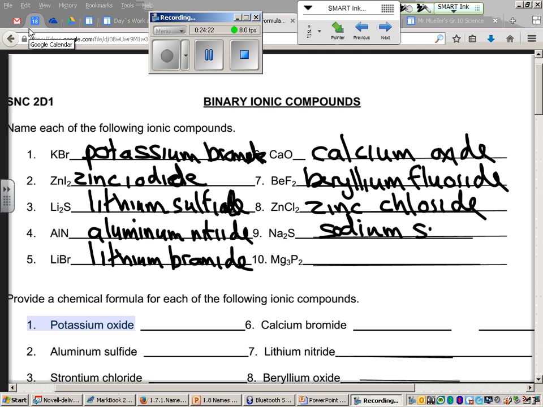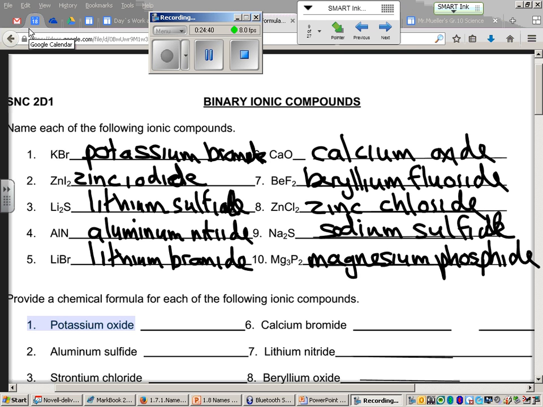Sodium sulfide. Whoops, I'm really struggling with the IDE ending. What do we got there, the last one? Sammy, what do you got? Magnesium phosphide. Awesome.